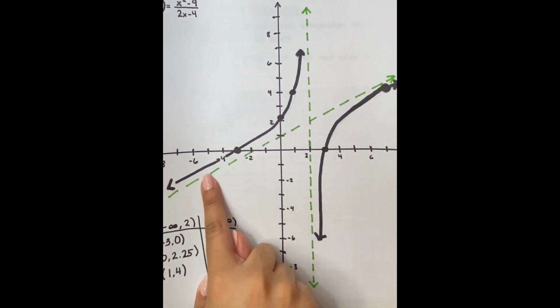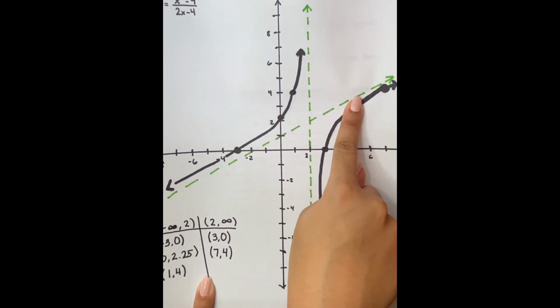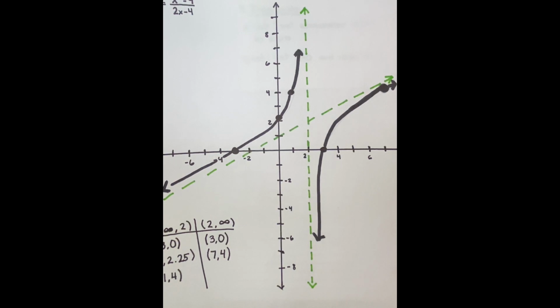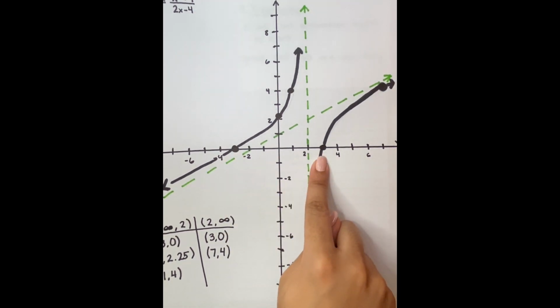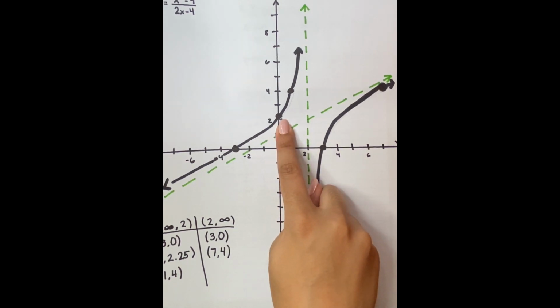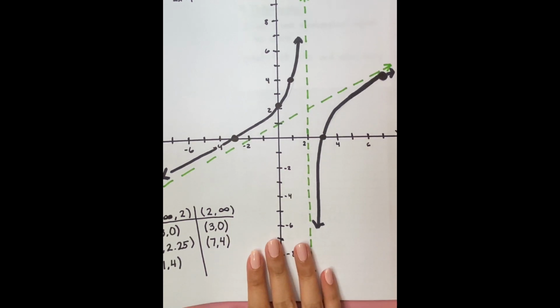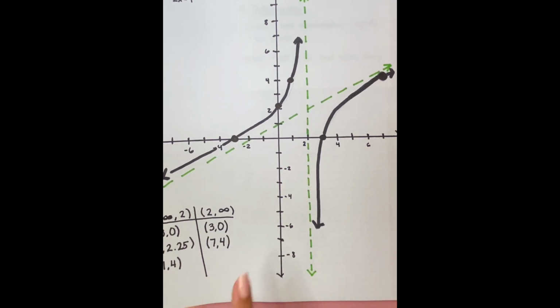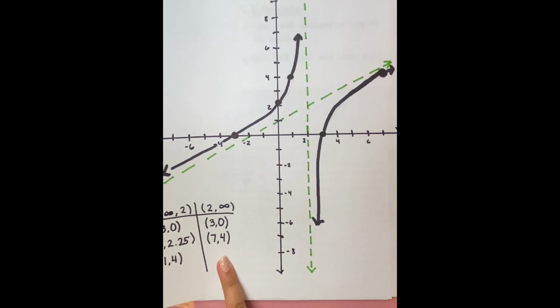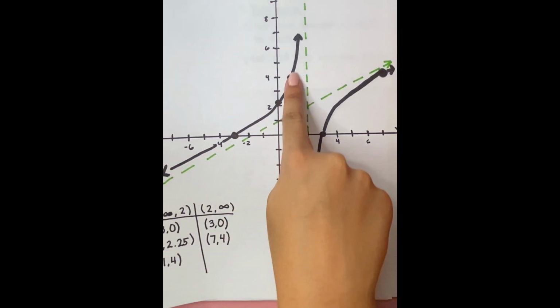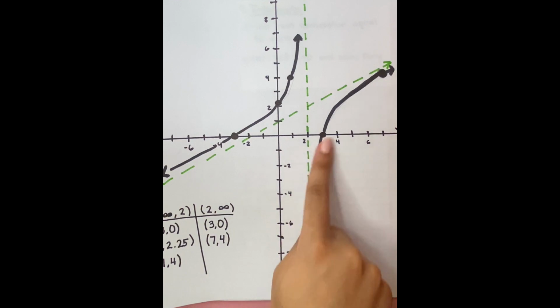We have our slant asymptote at y equals 1/2 x plus 1. We have our x-intercepts at negative 3, 0 and 3, 0, and our y-intercept at 0, 2.25. I went ahead and picked some other points within different intervals, 1, 4, 7, and 4, and that gave us just an estimate of what our graph would look like.